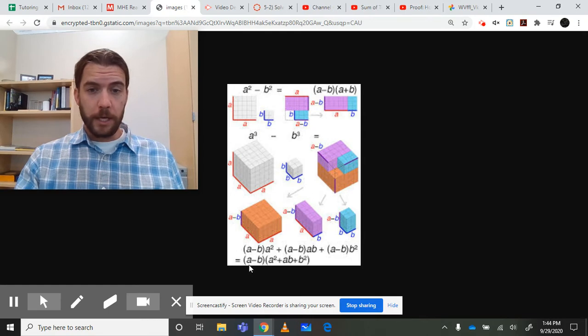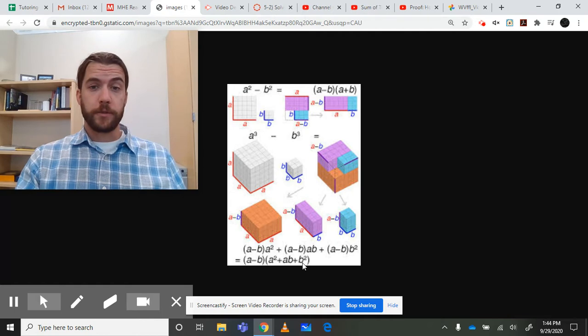If we look towards the end, we get a minus b times three different things: a squared, ab, and b squared. The first one is a minus b times a squared, the little orange volume. Then we get a minus b times ab, the purple volume, and a minus b times b squared, the blue volume. Okay, so that's a squared, ab, and b squared.